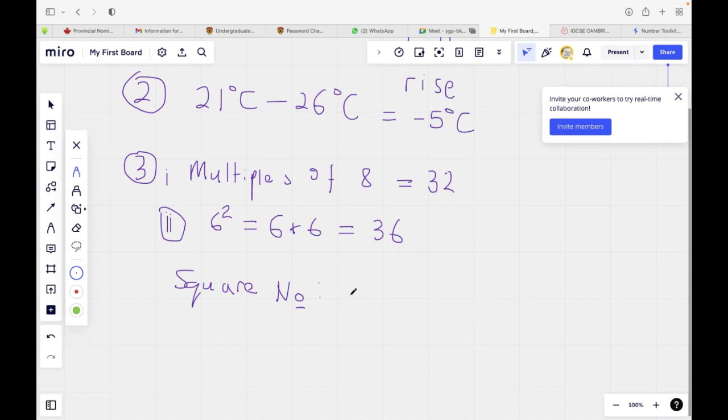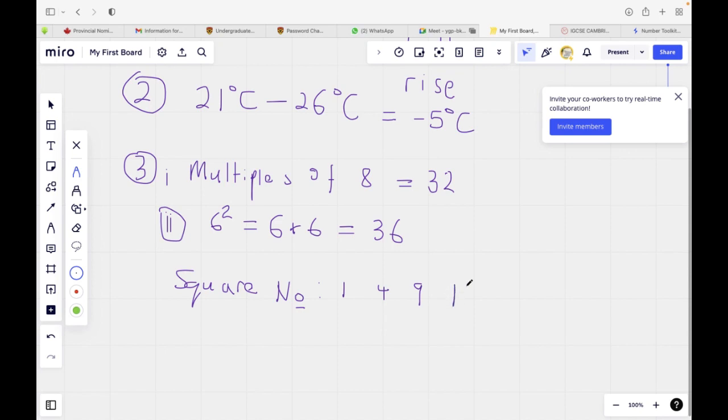Now we give examples of square numbers, like 1, like 4, and I will give an explanation for it. Then 9, these are square numbers because 3 squared equals 9. 3 times 3 is 9.